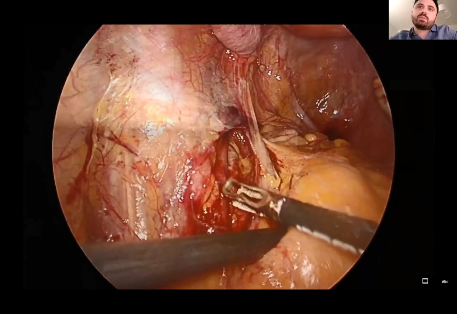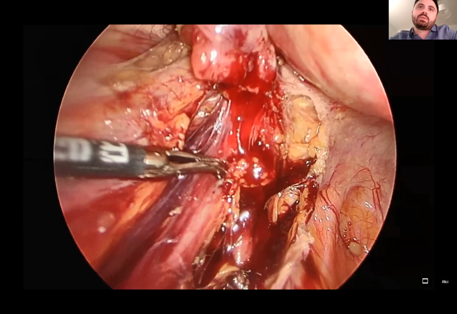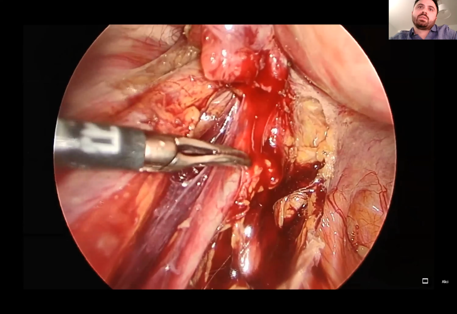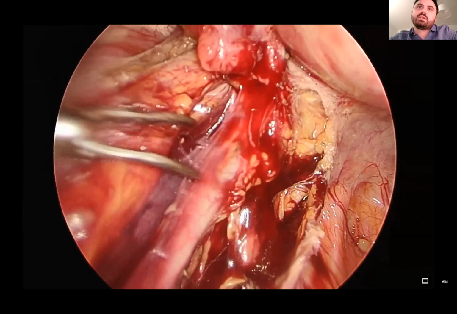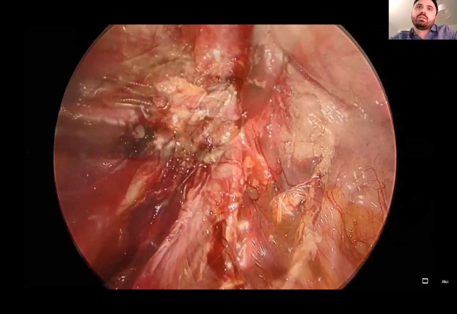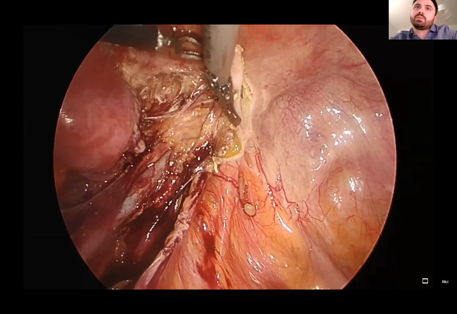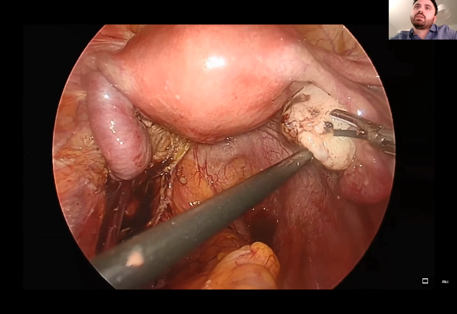So we systematically perform the sigmoidolysis. We identified the ureter. Here we had to do an ureterolysis because the left ovary was attached to the pelvic sidewall. And then we excised a small lesion on the sacrouterine ligaments.